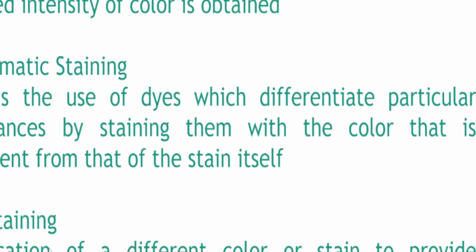So when you add it in, it's just one dye, and then it has three different colors. If it's the nucleus, it's blue. If it's the cytoplasm, it's light green, and then the rest of it, it's just pink. So that's a metachromatic stain. The stain itself is different, but the reaction to the dye by a particular cellular structure produces different reactions.